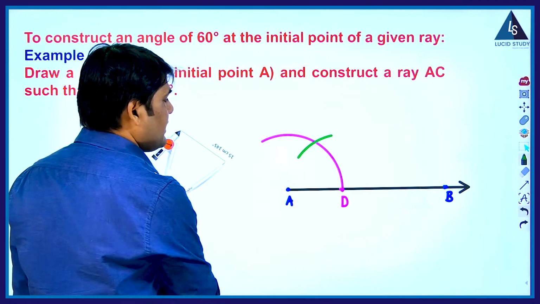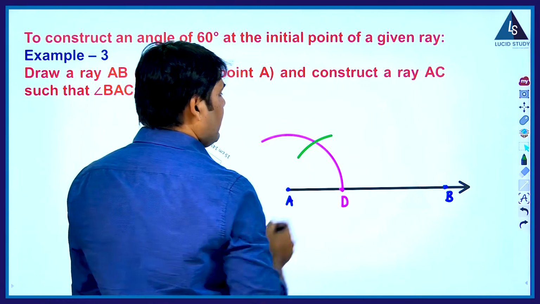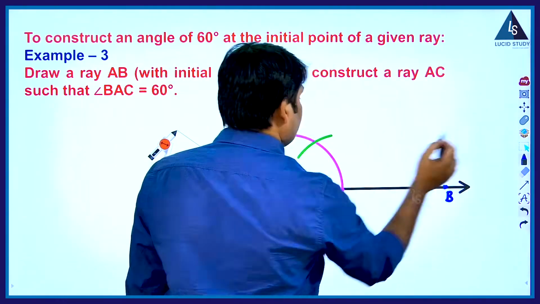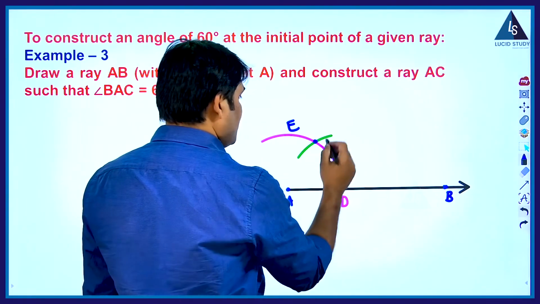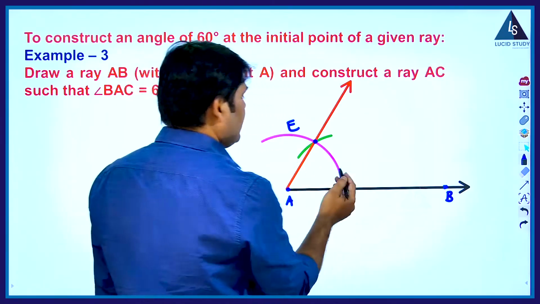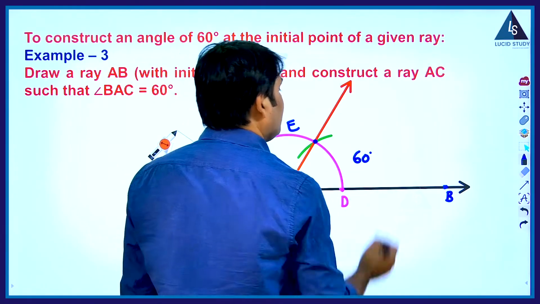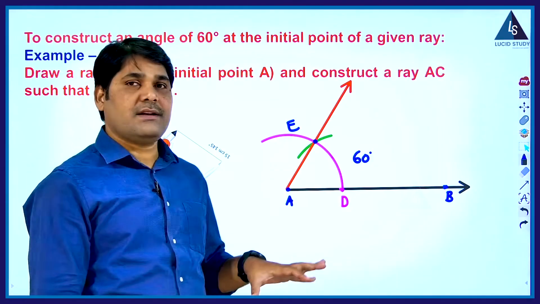Without changing the radius, we need to cut this. Now draw another ray. This point will be E. Now join AE, ray AE. If you measure with a protractor, you will get angle 60 degrees here. This is the way of constructing 60 degrees.